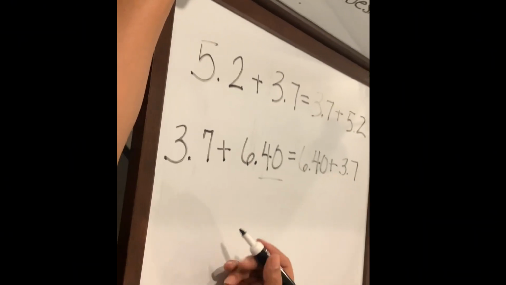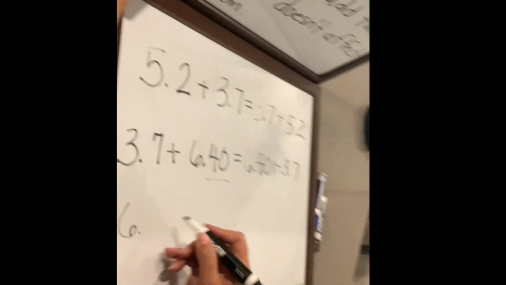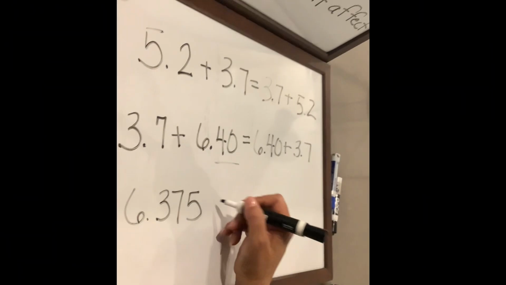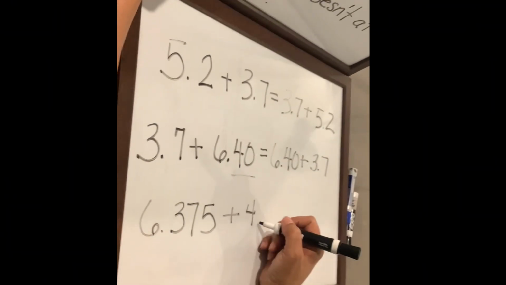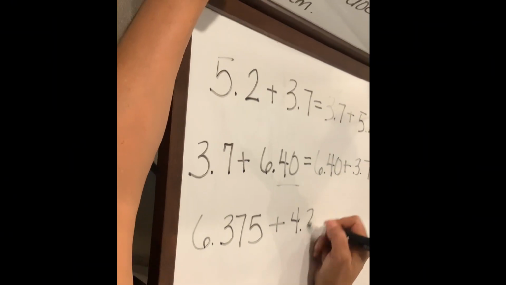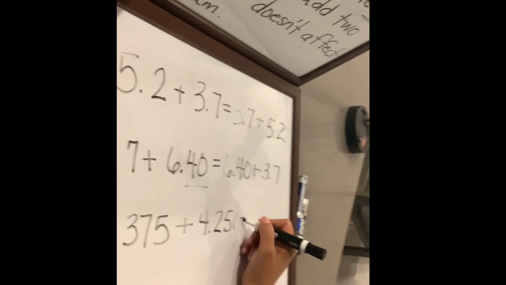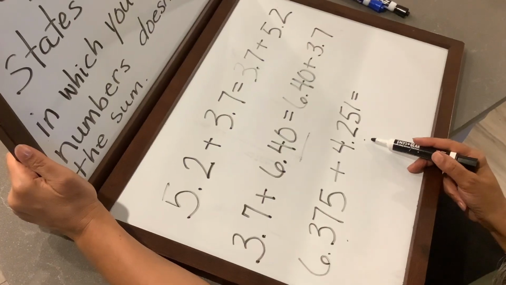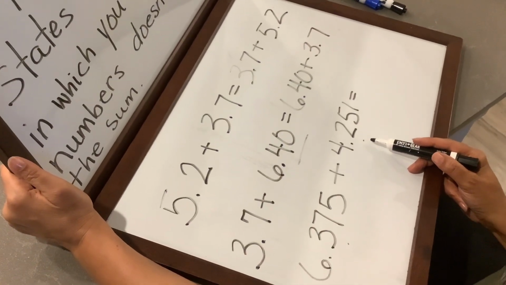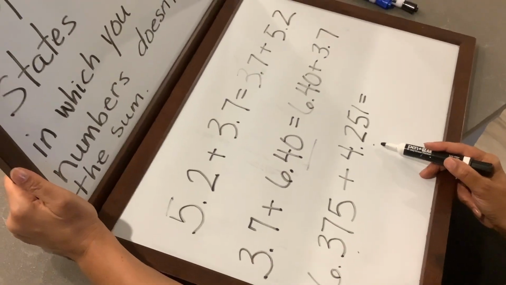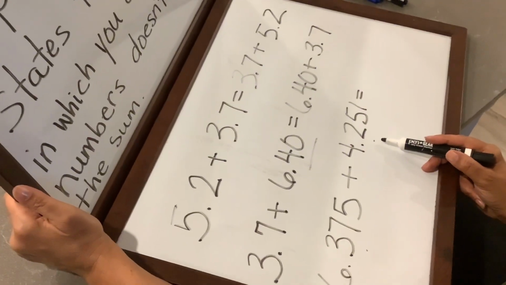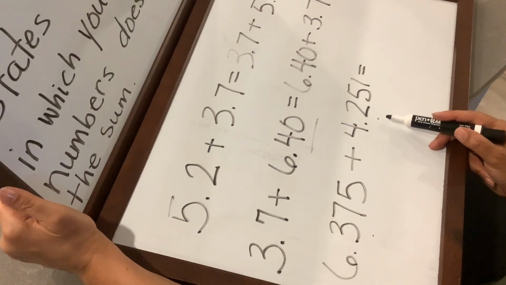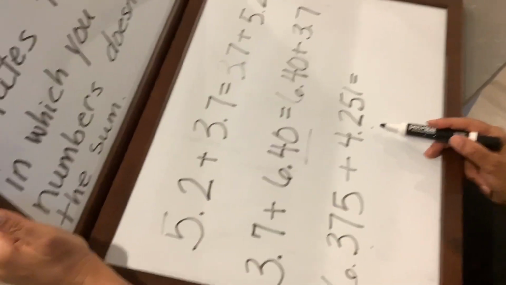All right, let's do this one. 6 and 375 thousandths plus 4 and 251 thousandths is equal to 4 and 2,051 plus 6 and 3,075.